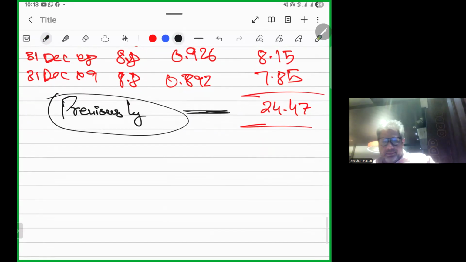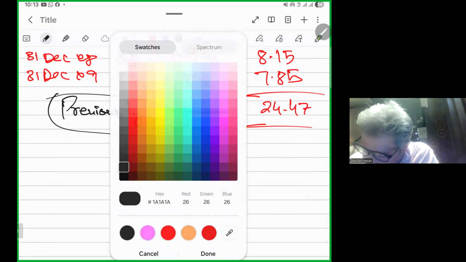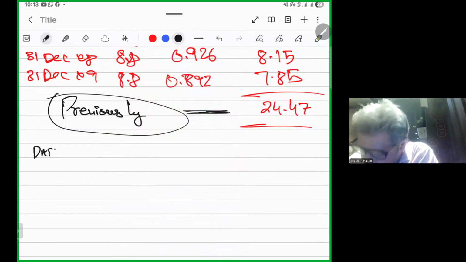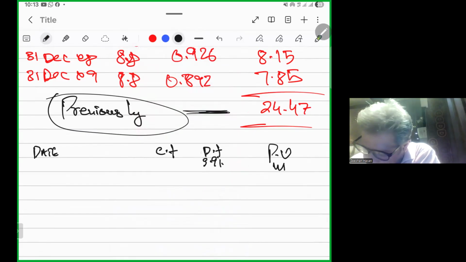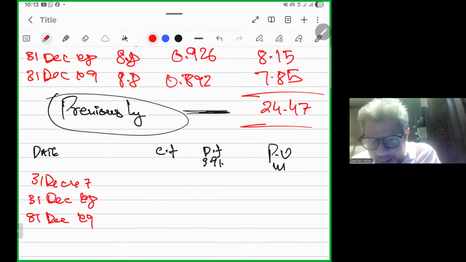Now the revised one, again the date. My next heading is cash flow, next heading is discount factor, no change in rate, 3.9%, and the present value in millions. So again, 31st December 2007, 31st December 2008, 31st December 2009.